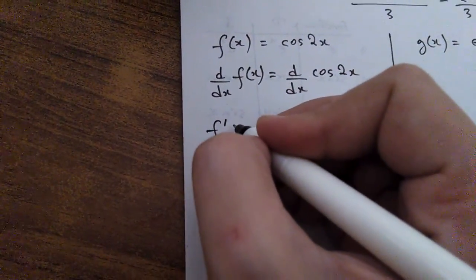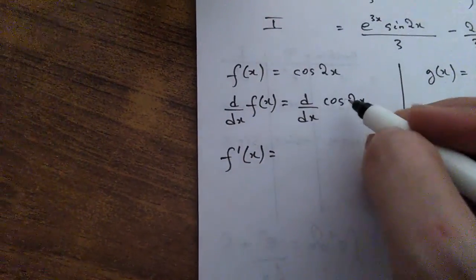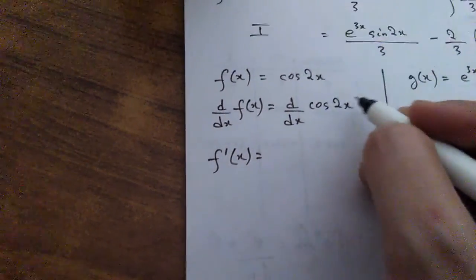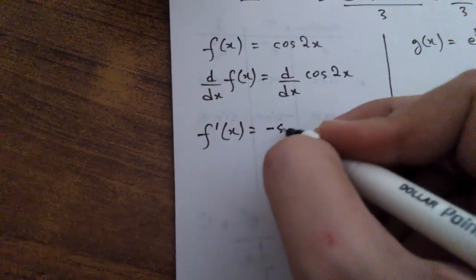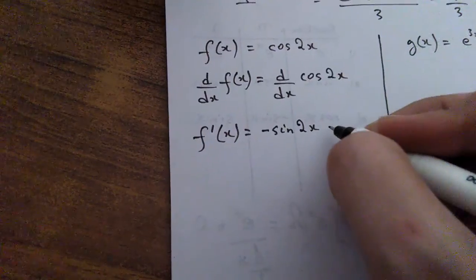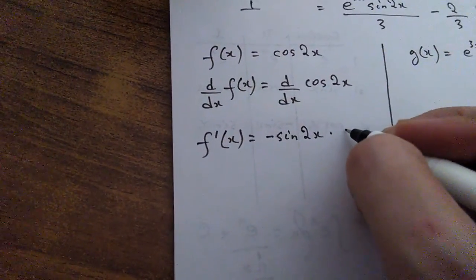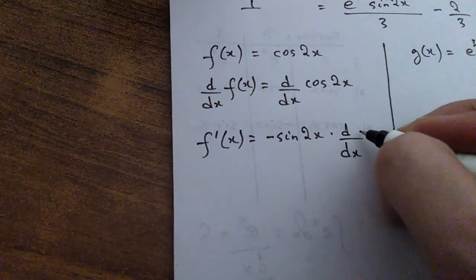Okay, so when you differentiate both sides with respect to x, your f dash x is going to be the derivative of the cosine function, which is negative sine of that angle. And as you see, the angle is not simply x, it is 2x. So you're going to apply the chain rule here.